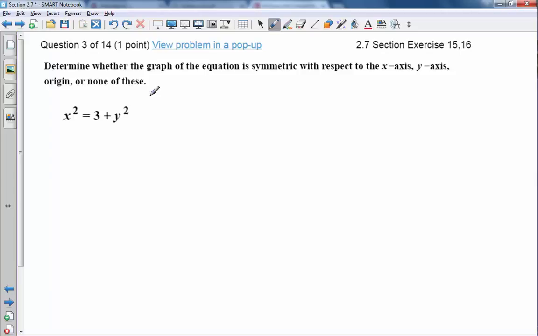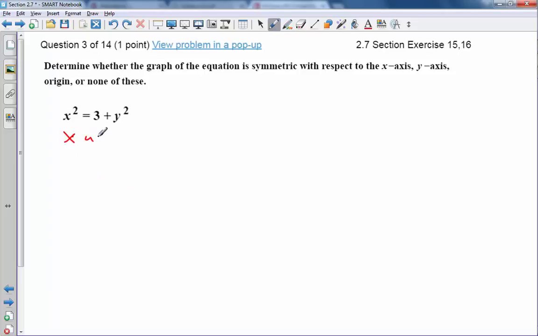Oh, it's gonna be yes. Yeah, it has x-axis, y-axis, and origin, all of them. All kinds of symmetries here. Maybe not. Yes, it is, yeah. Right? No? Anyone says no? Yeah, it has. Yeah. Look.